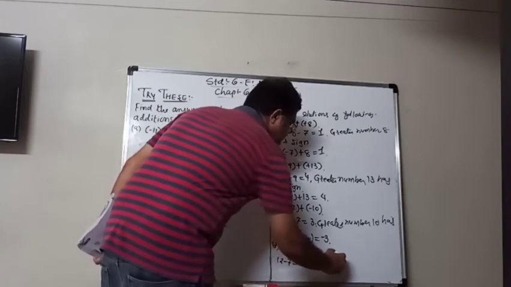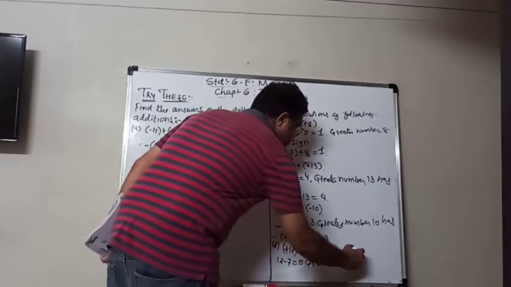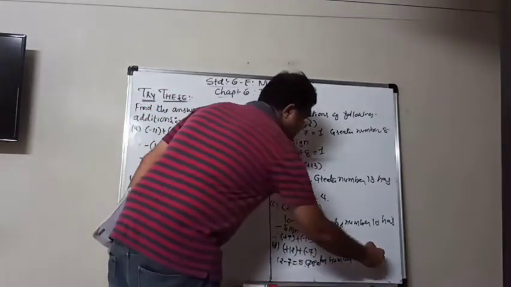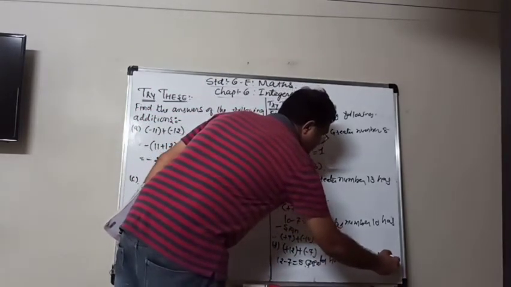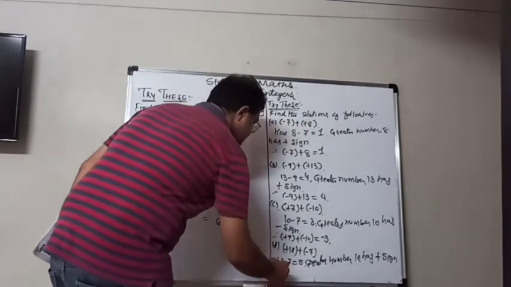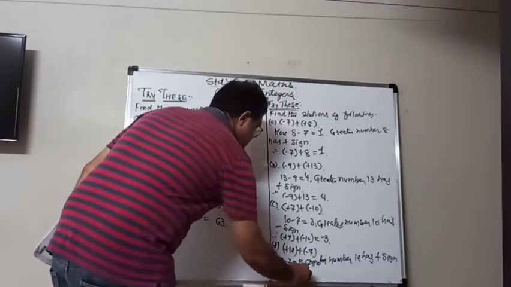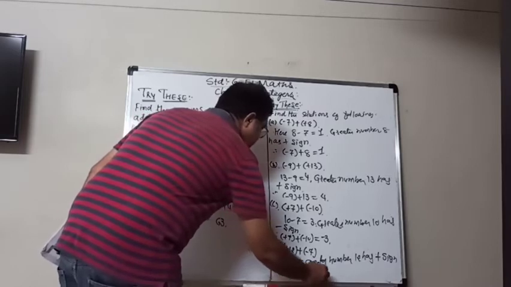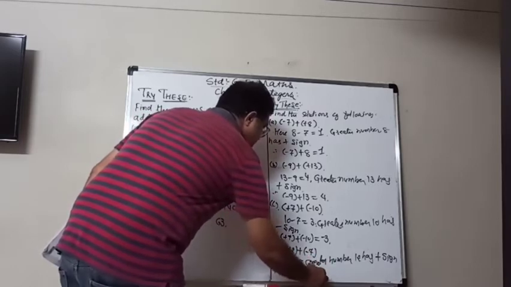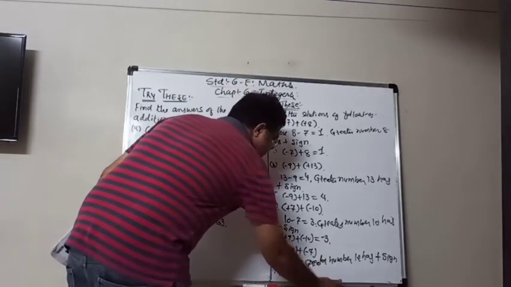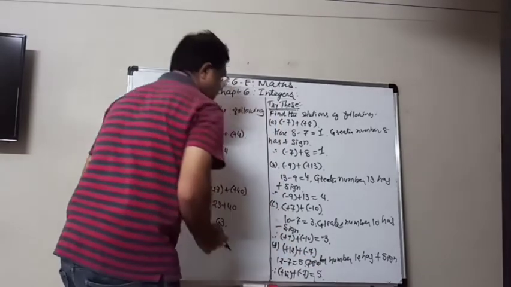The greater number 12 has a plus sign. Therefore, plus 12 plus minus 7 is equal to 5, because of the greater number.